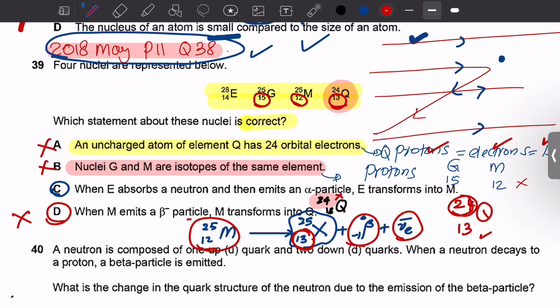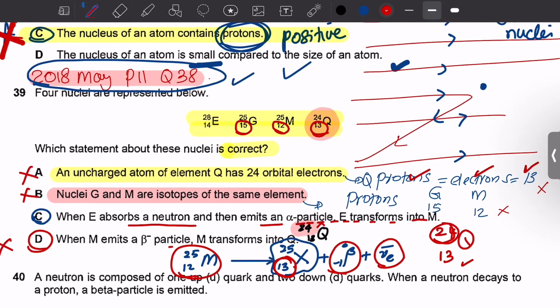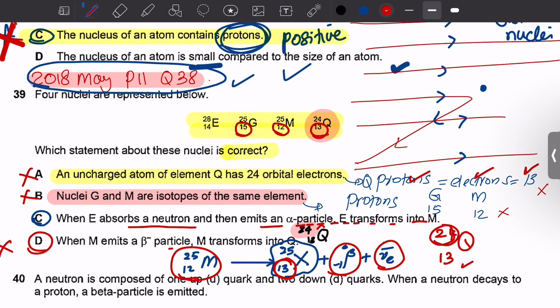This is pretty close, but not good enough. When E absorbs a neutron and then emits an alpha particle, E transforms into M. We have to write the equation. Let's think: E absorbs the neutron. So E 28 14 plus n 1 0 changes into something and then emits an alpha particle, alpha 4 2.